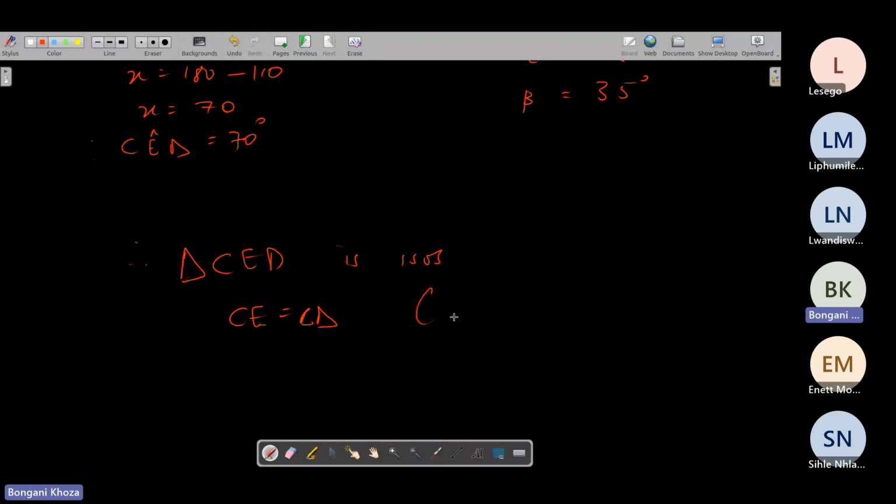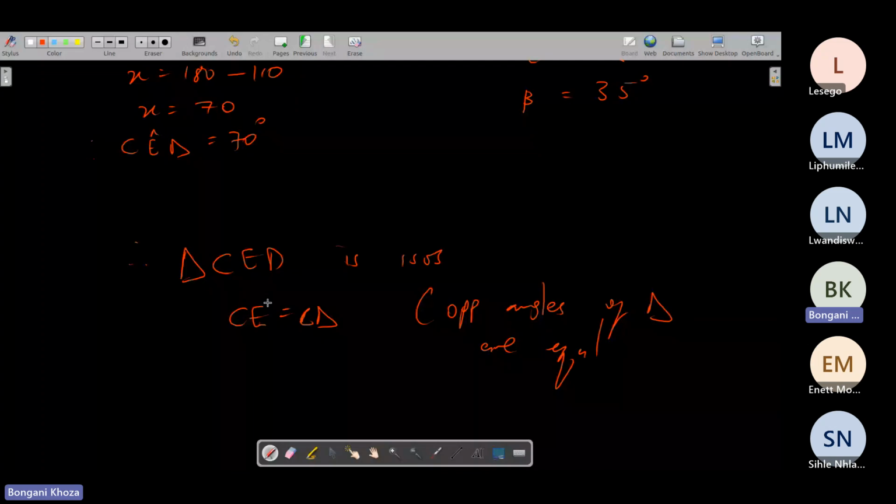So here we would say opposite angles of a triangle are equal. So it's sort of the reverse of what we were using for an isosceles triangle. So therefore, we can say CE is also 50 millimeters, not degrees, like that.